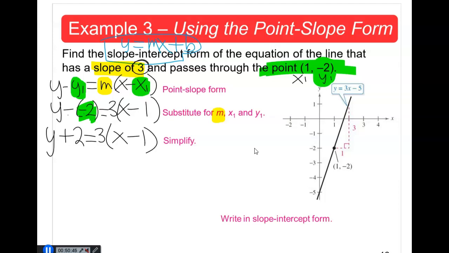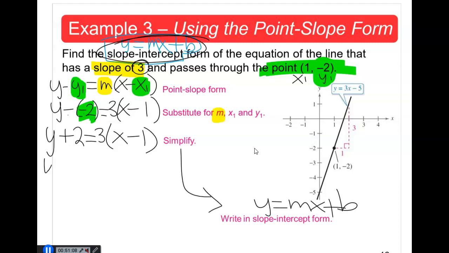And since the problem is asking us to leave our answer in slope-intercept form, then we will simplify it a little further until it looks like y equals mx plus b.